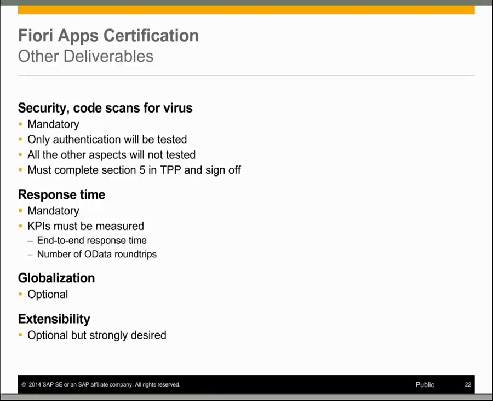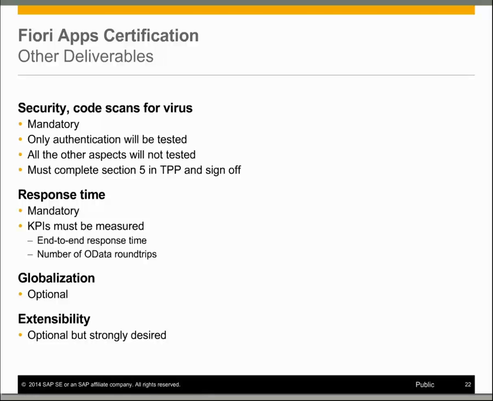First and foremost is security and code scans for viruses. Since you're going to package your SAP UI5 code in the ABAP stack, we want to make sure that you are not delivering any vulnerabilities with your UI5 code. So you have to scan your UI5 code using any of the virus scan tools, just to make sure there are no vulnerabilities.